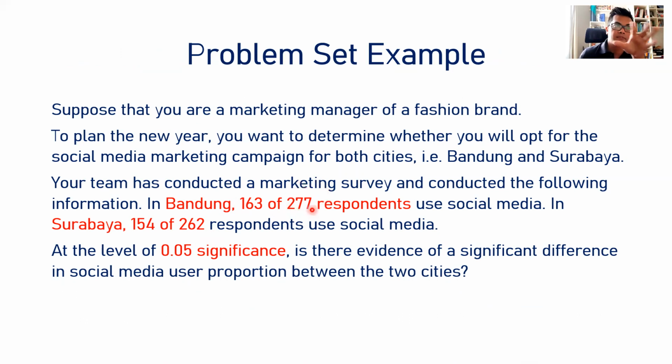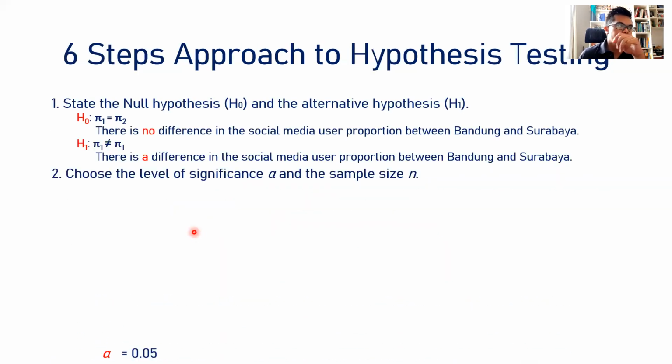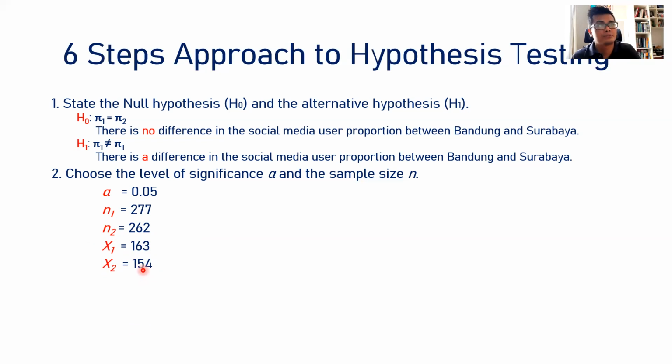All the sample is 277 for Bandung and 262 for Surabaya. In Bandung, out of these 277 total respondents, 163, or X1, use social media, and in Surabaya, out of 262, 154 persons use social media. So those are some variables that we will need for the calculations.